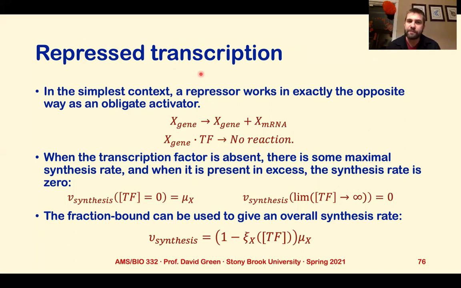transcription completely. In the simplest context, a repressor works in sort of exactly the opposite way of an obligate activator. When there is no transcription factor present, the gene can be transcribed at some rate of mu x. But when the transcription factor is present in excess and is bound to a high degree to the gene, it completely blocks the reaction.